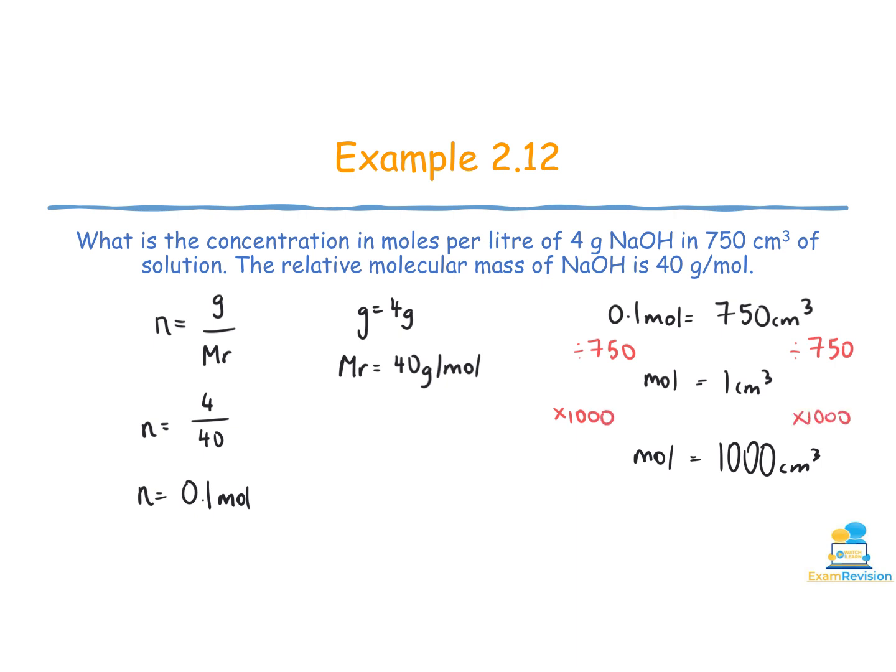First of all, I have 0.1, and I'm going to take that 0.1 and divide it by 750. When I do that, I'll be left with 0.000133... Then I'm going to multiply that by 1,000, and I'll be left with 0.133... However, I'm going to round that and I'll get 0.13 moles in 1,000 centimetres cubed.